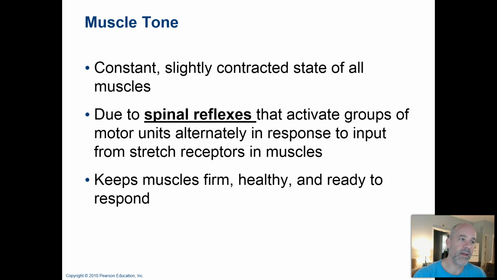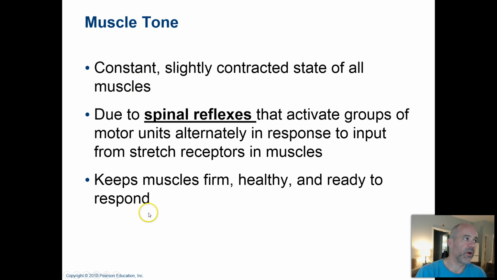It turns out that's a reflection of spinal reflexes helping you maintain tone in your leg muscles so that you can remain standing. You don't just collapse down onto the ground due to gravity. So we're going to learn more about that when we get into Unit 5.